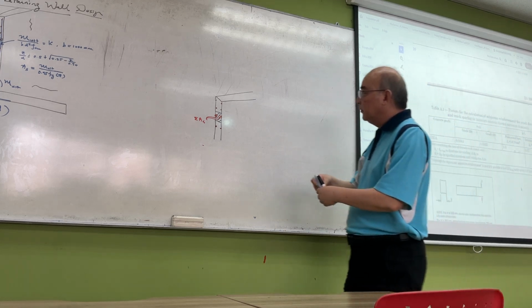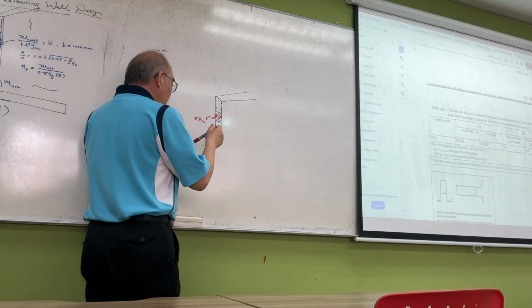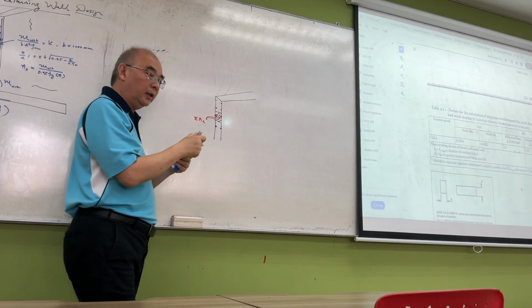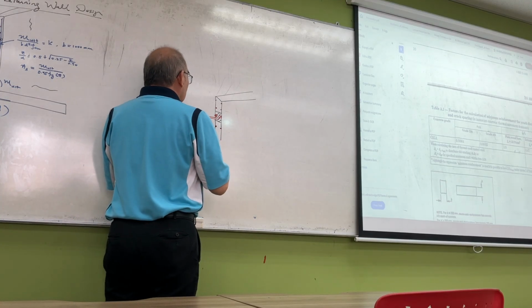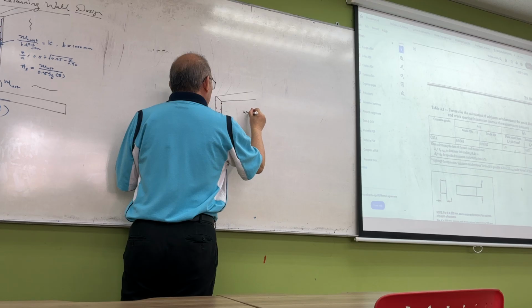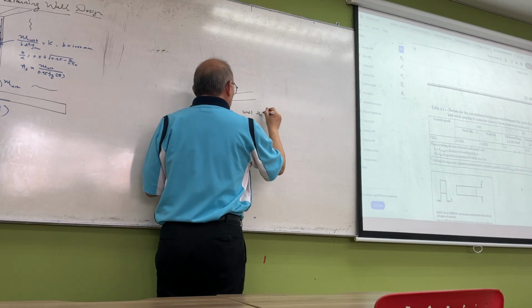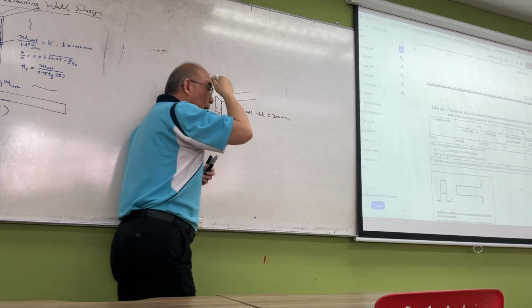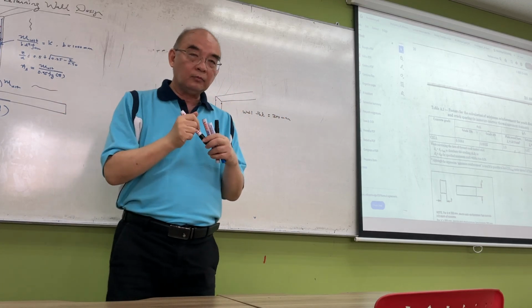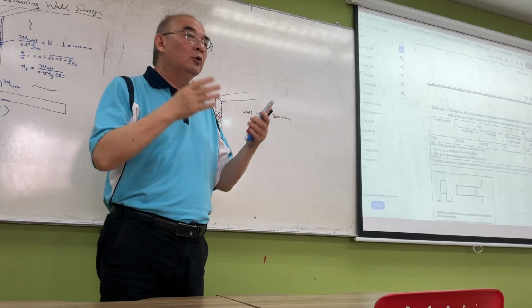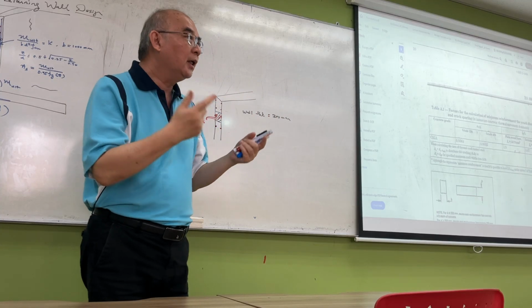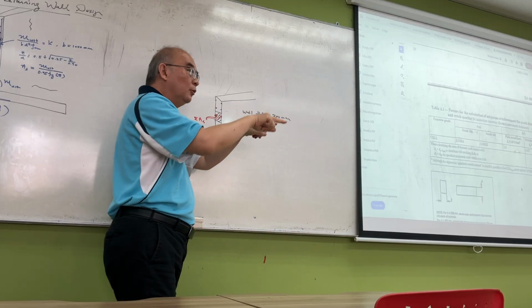Let's say this wall here is 300 millimeter thick, and I'm going to use let's say T10. You can choose T12. Let's say I use two T10s, one in each face.